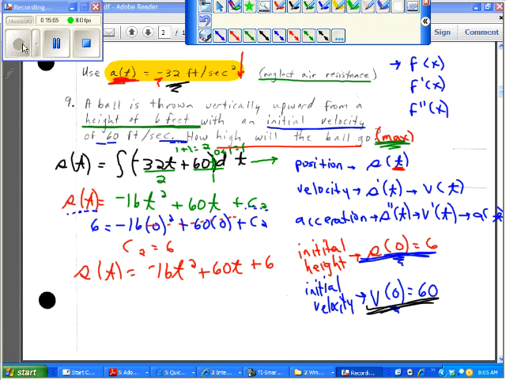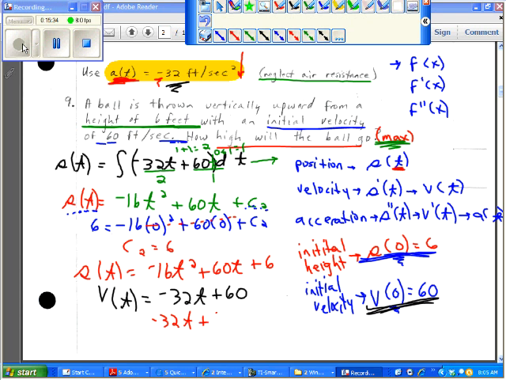Why do you find critical numbers? When the first derivative is 0. Well, what is the first derivative here? It's the velocity function. So I need my velocity function back. What was v of t? Negative 32t plus 60. And what I need to do is set that equal to 0.